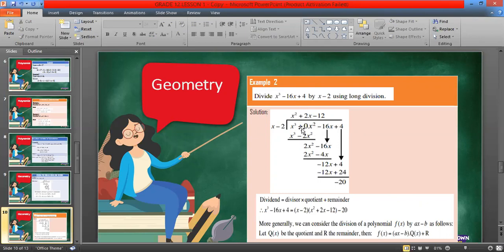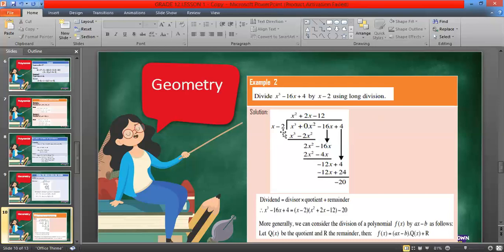If it is the x term that is missing, we put 0x, but here it is the x squared term, so you put 0x squared. You have x cubed plus 0x squared minus 16x plus 4, and we are dividing by x minus 2.